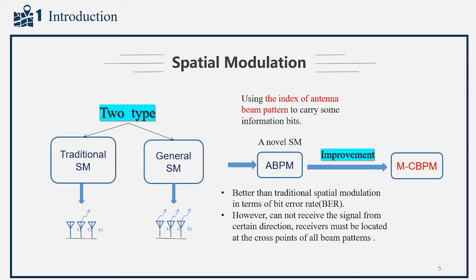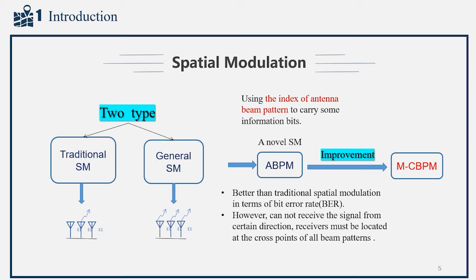Recently, a novel spatial modulation called ABPM appears, which uses the index of antenna beam pattern to carry some information bits. When the receivers are located at the cross points of all beam patterns, ABPM is better than traditional spatial modulation in terms of bit error rate.